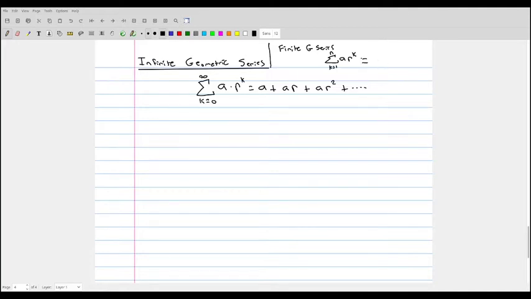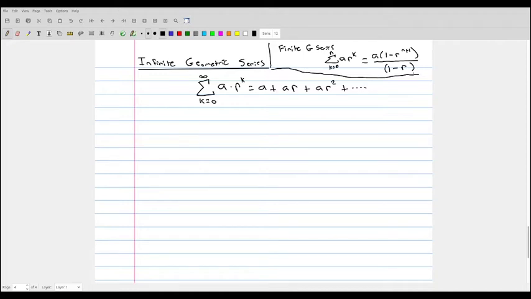And one of the things we showed is that this series will always converge to a times 1 minus r to the n plus 1 over 1 minus r. This is a formula that we proved back when we did the summation notation for Riemann sums.